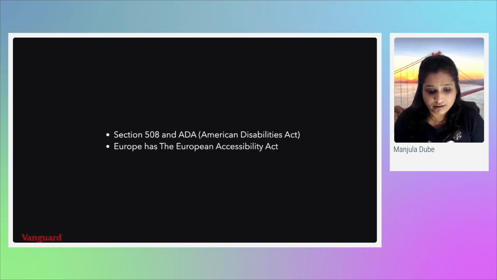I mean, ADA also makes sure that there's no discrimination against any person on their disabilities, and it's not only in technology, but it also covers employment, transportation, electronic items that you're using. So all of these laws have already come in, and maybe even if the laws are not there in your country, it might just come. So you should start thinking about it.